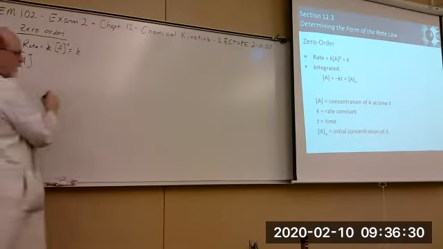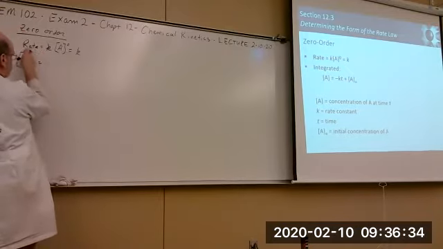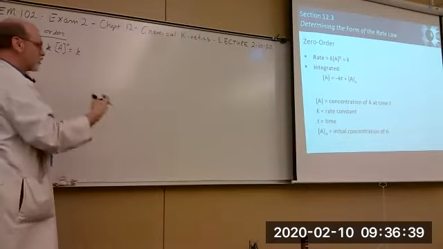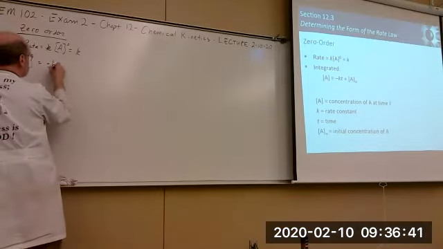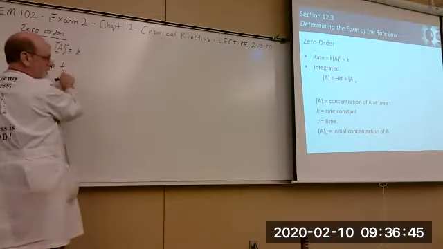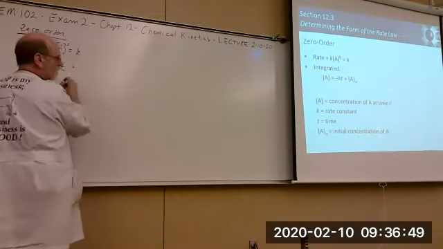So the integrated rate law, rather than being rate equals something, the concentration at a certain time is equal to the K value times that time, you know, how far down the line are you, plus where did you start from?